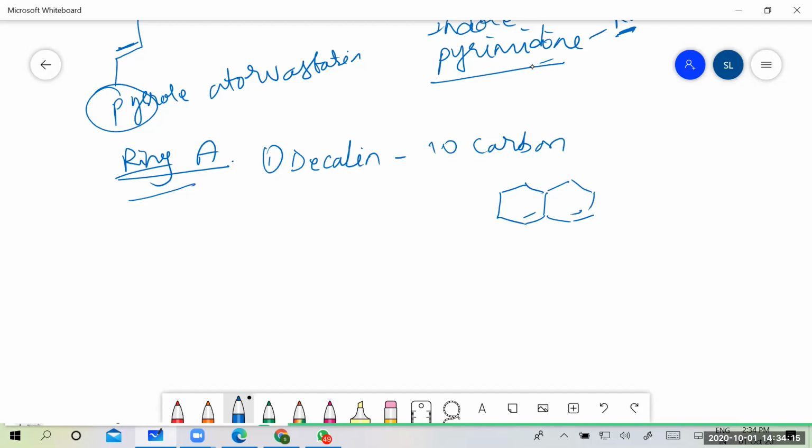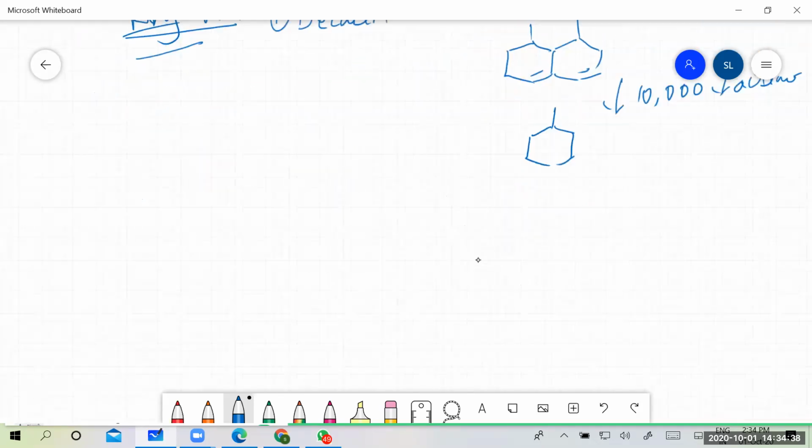So this is the 10-membered ring system which is normally present with different substitutions here. Instead of that, if you substitute with a cyclohexane, there is a 10,000 fold decrease in activity.